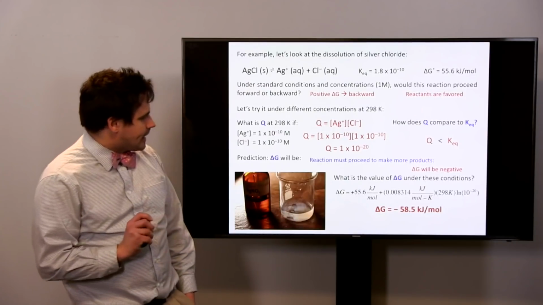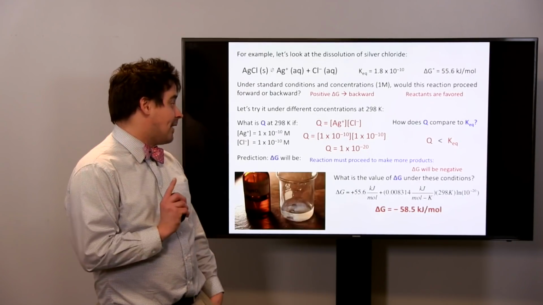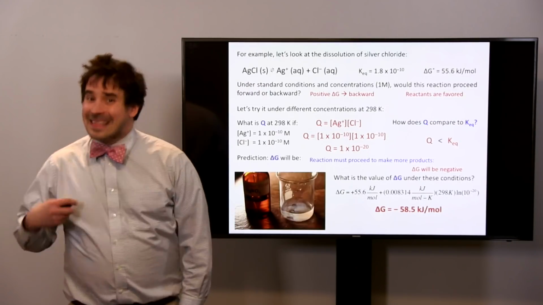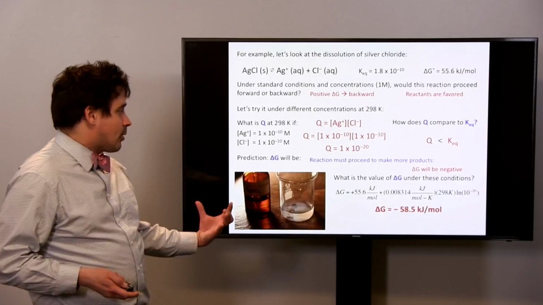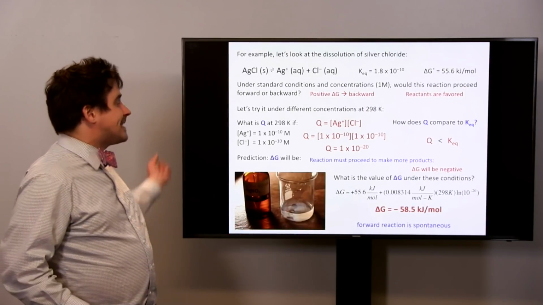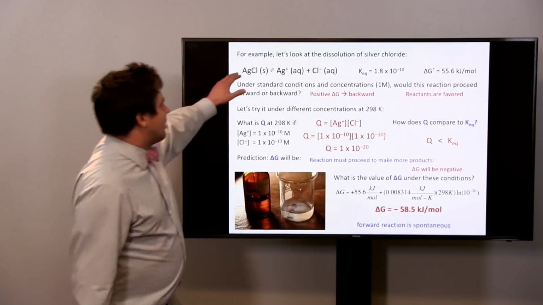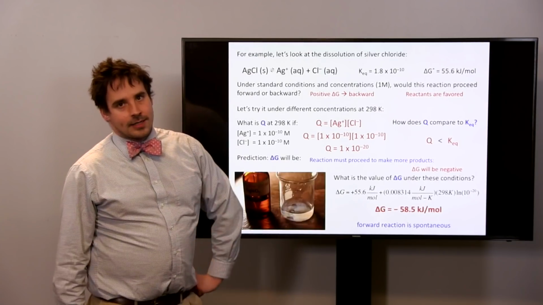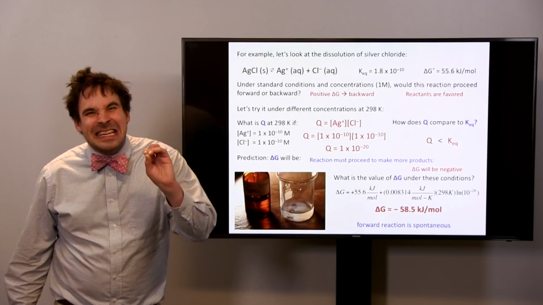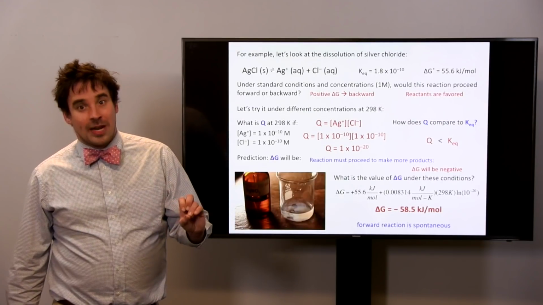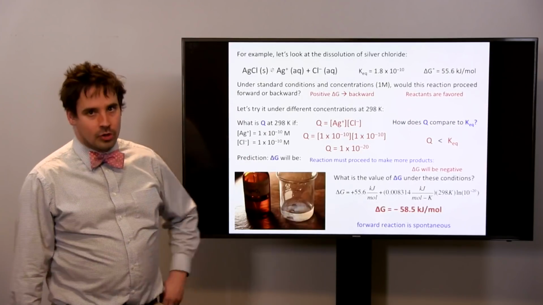We're going to end up getting negative 58.5 kilojoules per mole. That's pretty negative. So that means that a reaction would indeed proceed spontaneously forward. So even though this is not a very favorable reaction for the products, if you have such an insignificant amount of them, a reaction can still proceed in the forward direction.